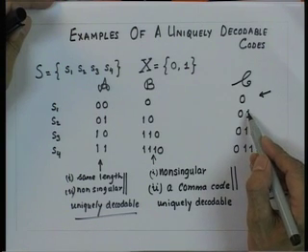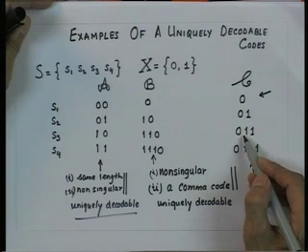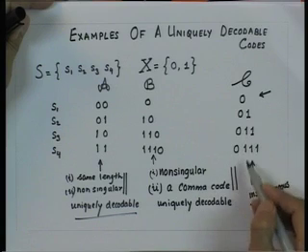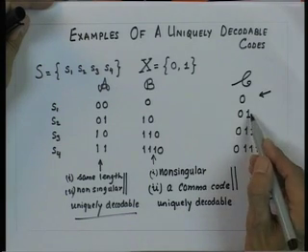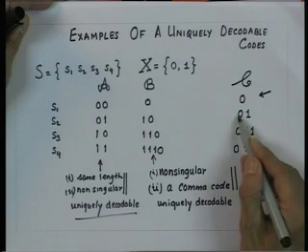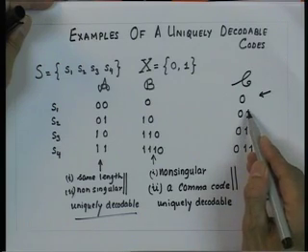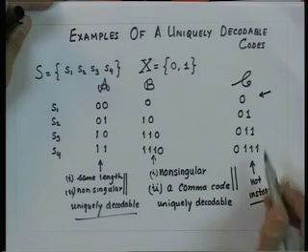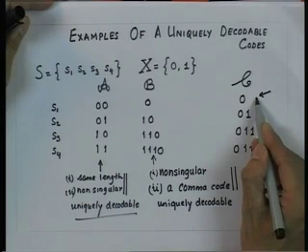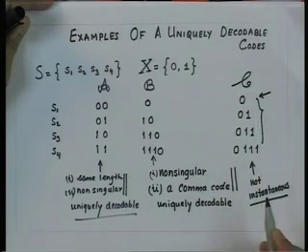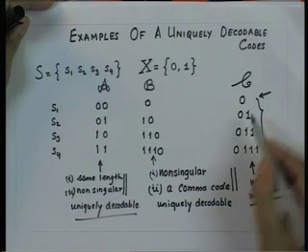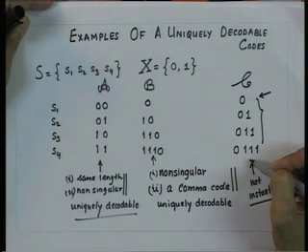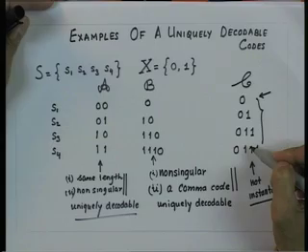Similarly, S2 is a prefix of S3, S4, and S3 is a prefix of S4. In fact, S1 is a prefix of all the code words. So, by definition, this is not an instantaneous code, because it does not satisfy the prefix test.